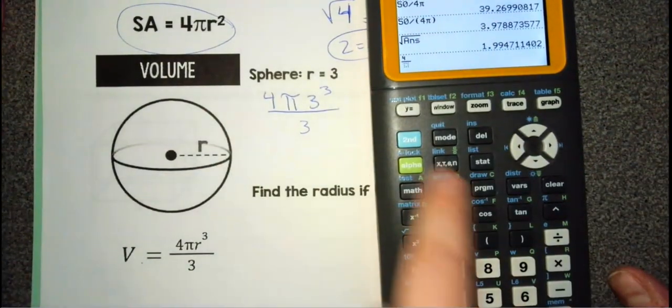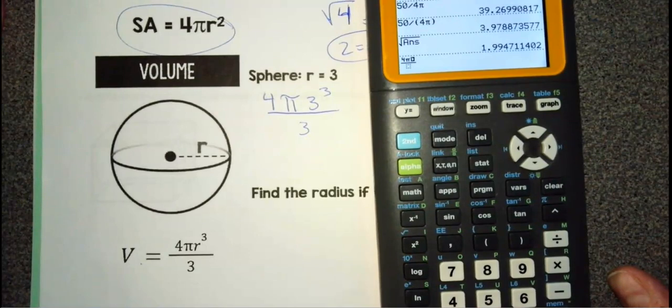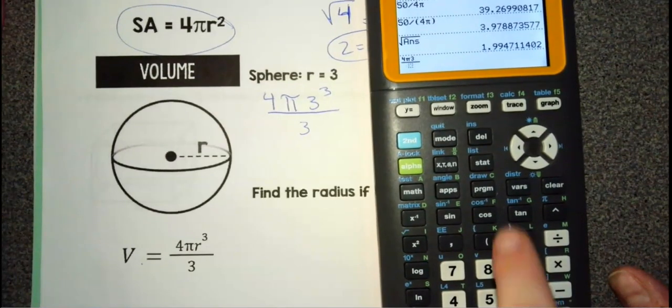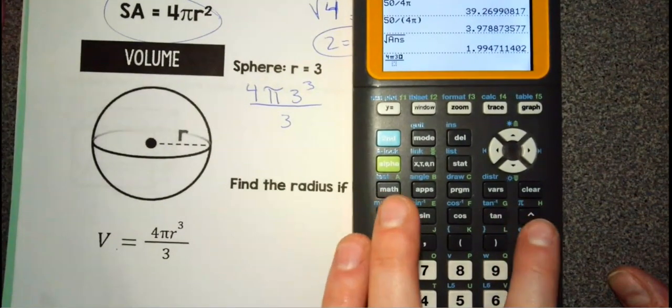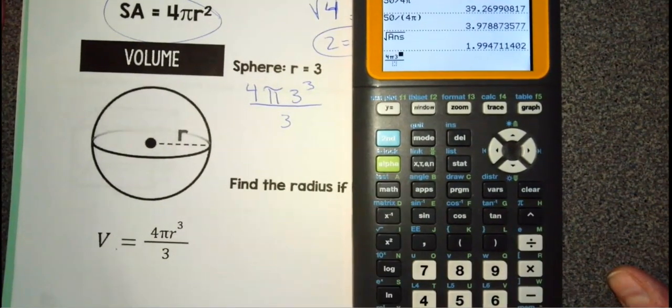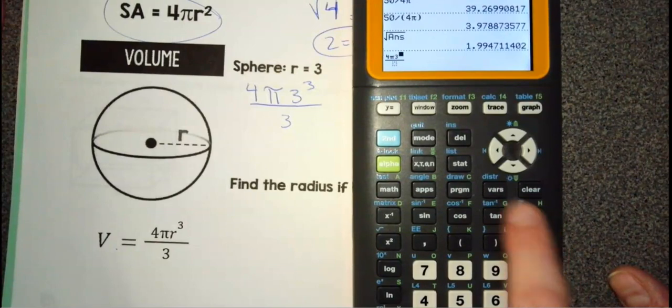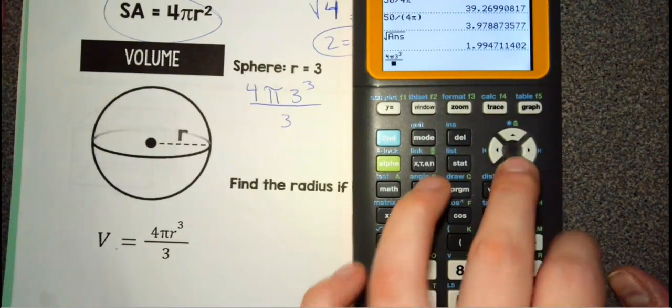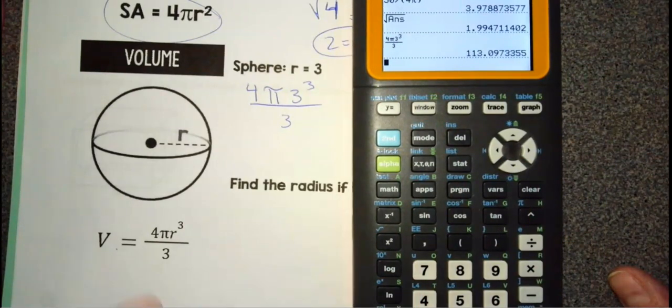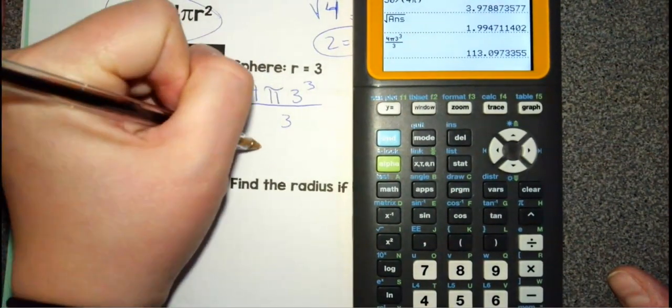I'm going to do 4 times pi times 3. And then how do you make it cubed? This little caret thing. That is going to bring it up. And there may be another way to do it, but I think this is easy. And you divide that whole thing by 3.